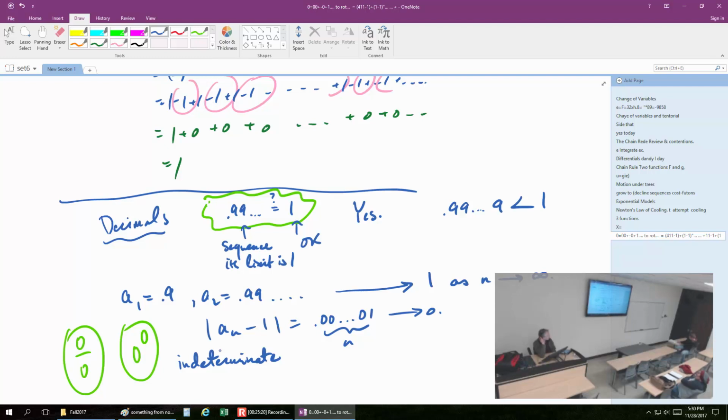So those two zeros are in fact probably limits. So it could be, say, 1/n divided by 1/n. Both of them are going to 0. And does it mean it's indeterminate? No. 1/n divided by 1/n is what?